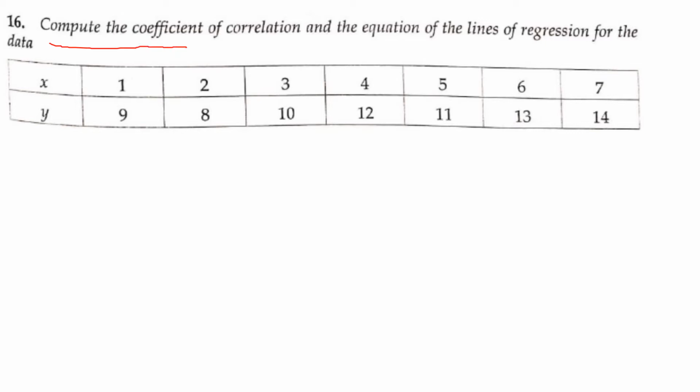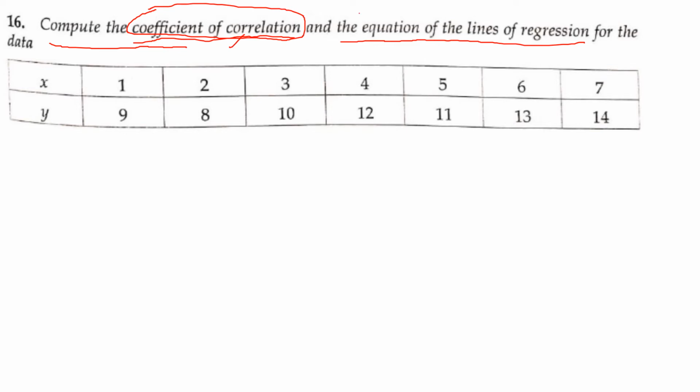Now let us take up one problem. The question is: compute the coefficient of correlation first, and then the equation of the lines of regression for the given data. So first we need to find the coefficient of correlation, that is r.